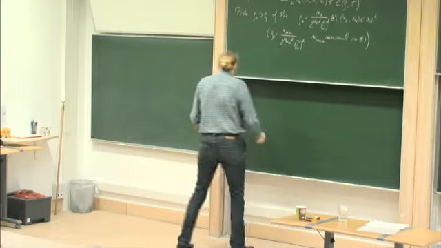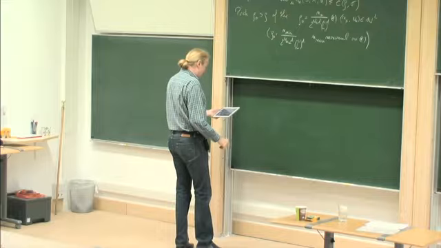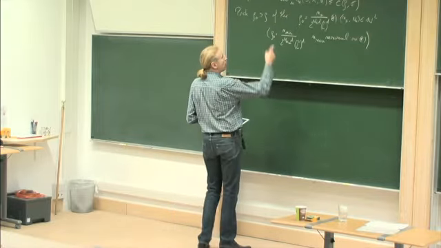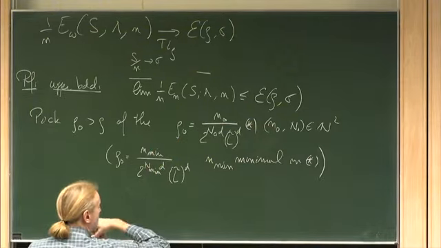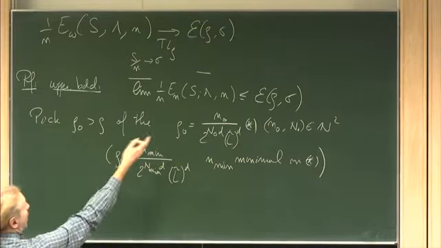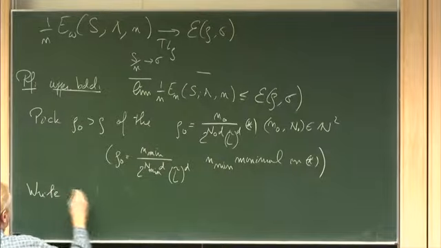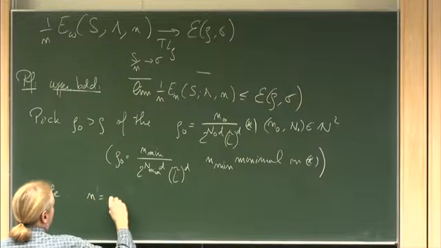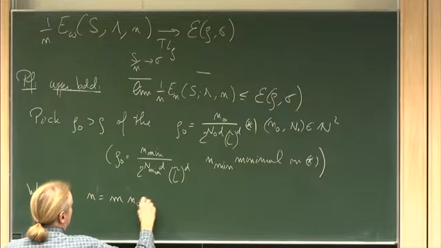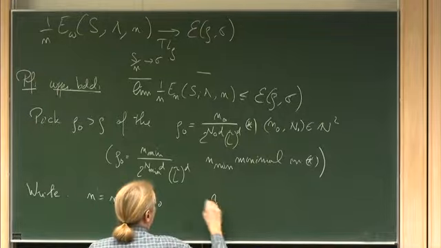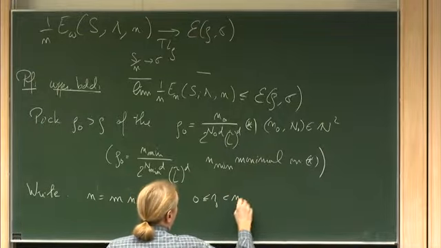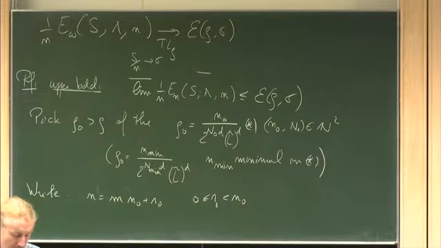Okay, and now what we do is we split. We keep the n0, but we introduce this n minimal. And now we have the number of particles. We just do the Euclidean division of the number of particles by n0, and we are going to split the cube lambda.